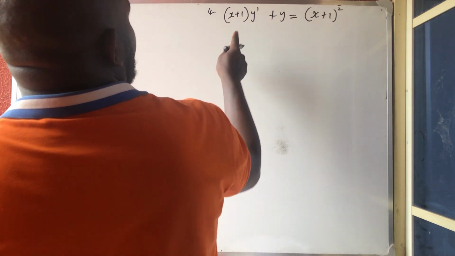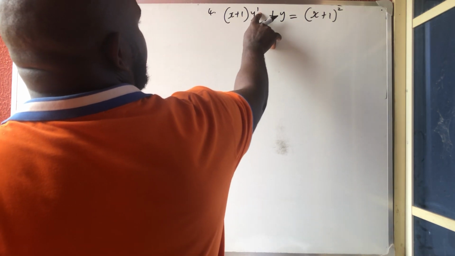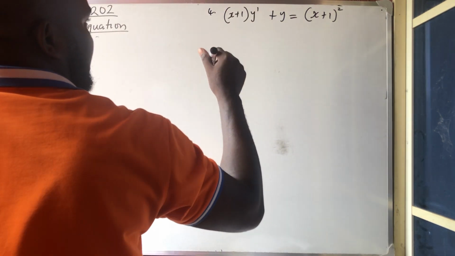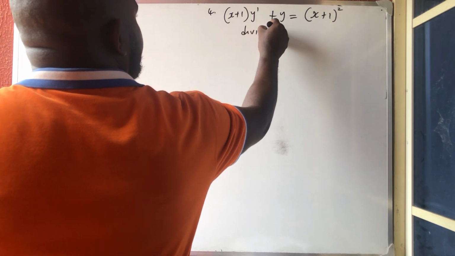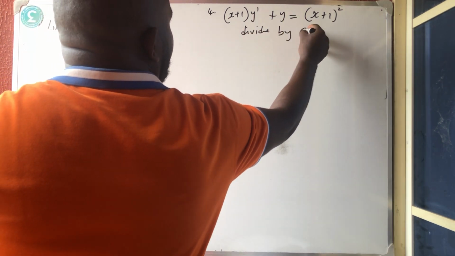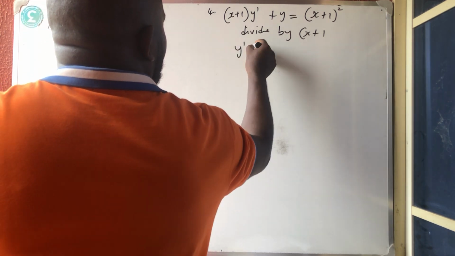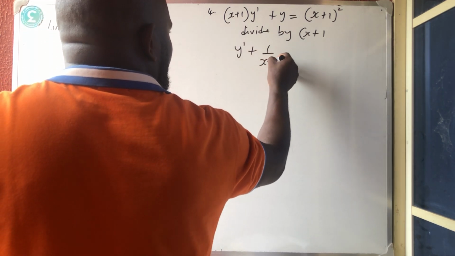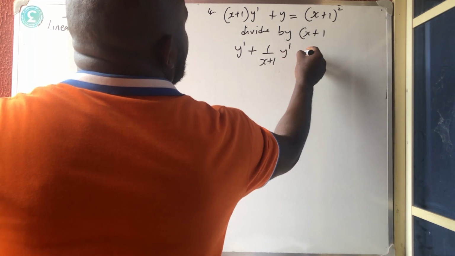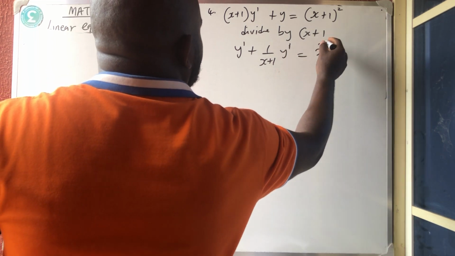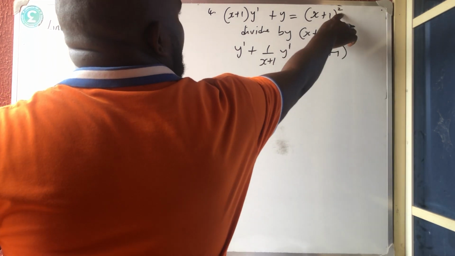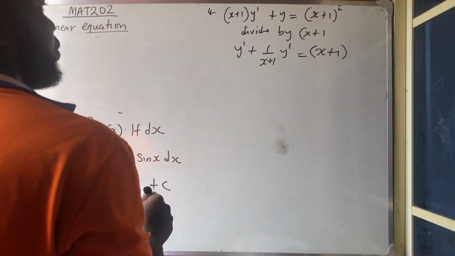Okay, so let's divide everyone by x plus 1 so that the coefficient of y prime will be 1. So dividing by x plus 1, I'm having y prime remaining, plus 1 over x plus 1 y, is equal to x plus 1. I hope you know that x plus 1 squared divided by x plus 1 leaves x plus 1.